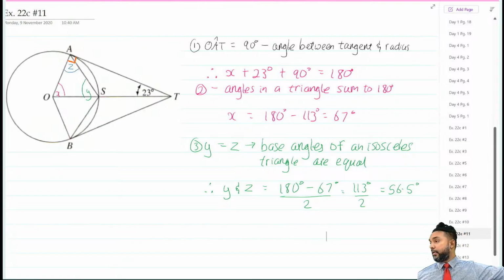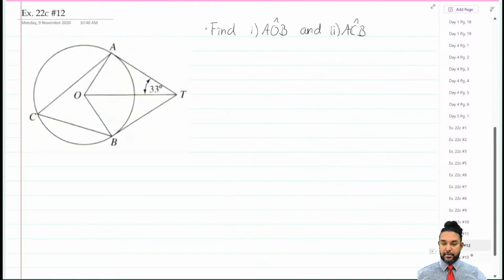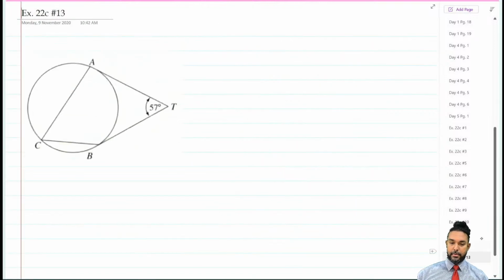All right, Mishka, I have number 12 printed out there. This is 13. For 13, they want us to find ACB.